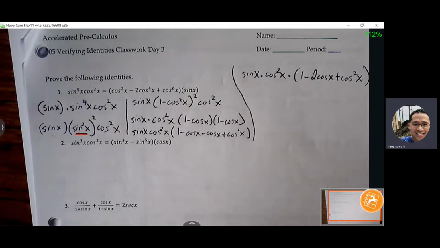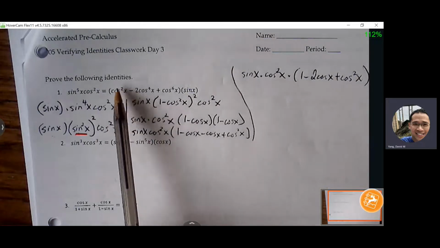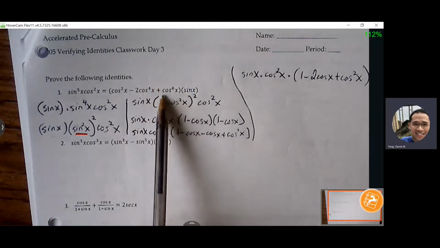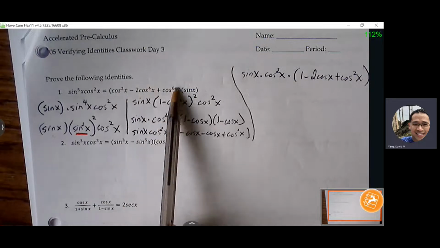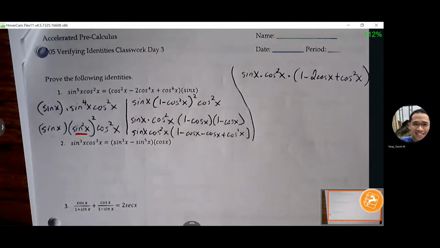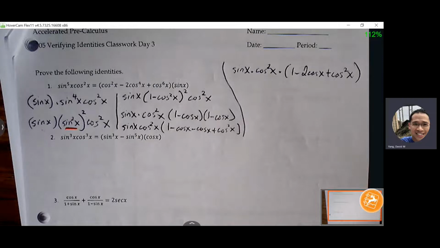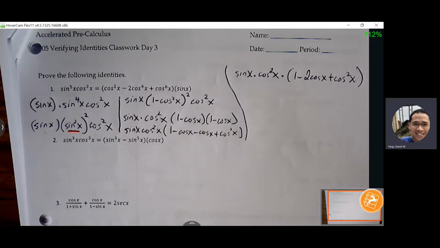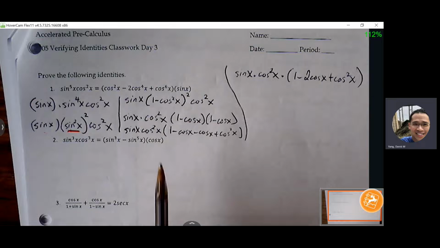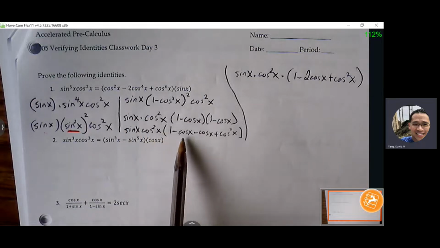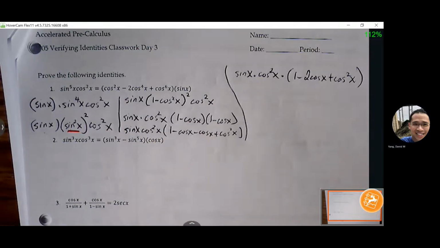Okay, so each step that I take, I keep looking at my goal, right, to see, am I getting closer and what's my next step? So we're actually just one step away. What's the last thing that we can do here? Oh, wait, let's see. Did I miss something here?